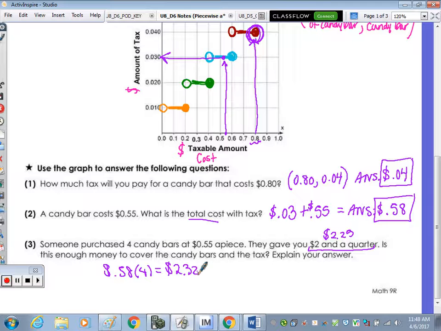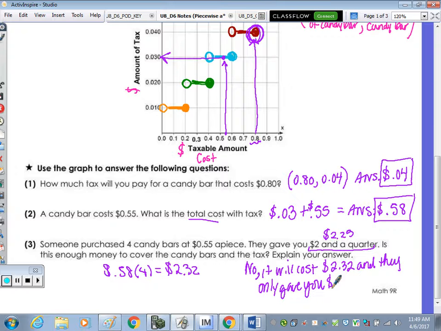So the answer, is it enough? No. And the explanation part is it will cost $2.32, and they only gave you $2.25.